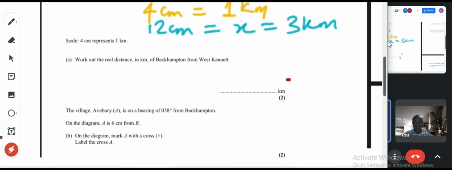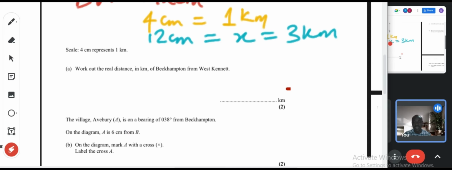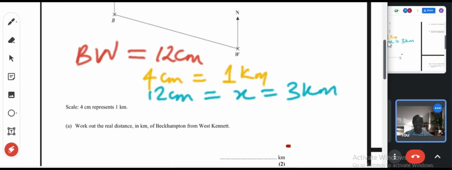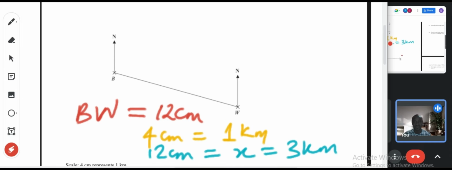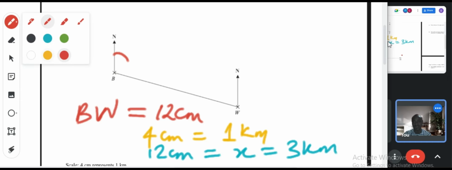A is 6 centimeters from B. So from B, that's Beckhampton, you measure 38 degrees and draw your line.